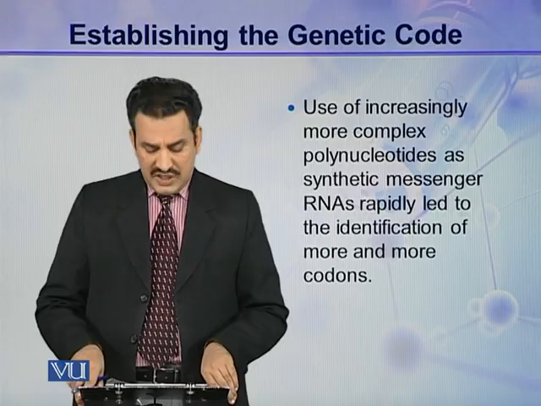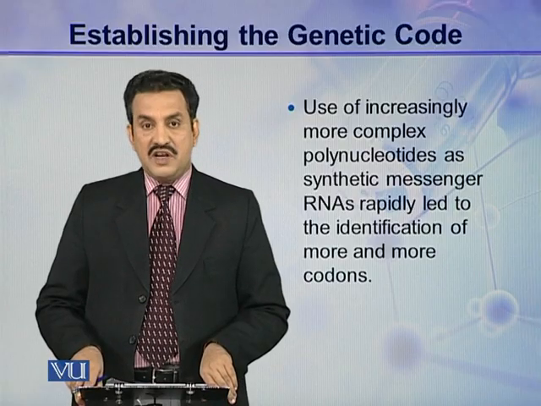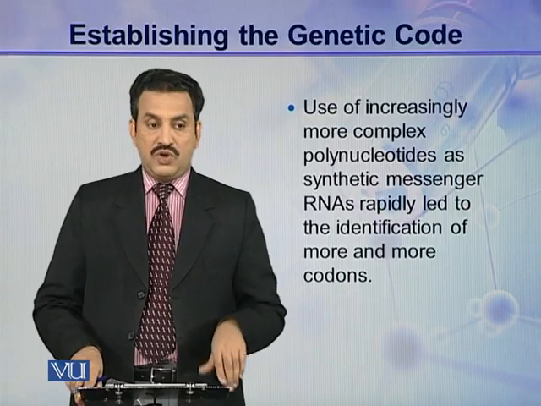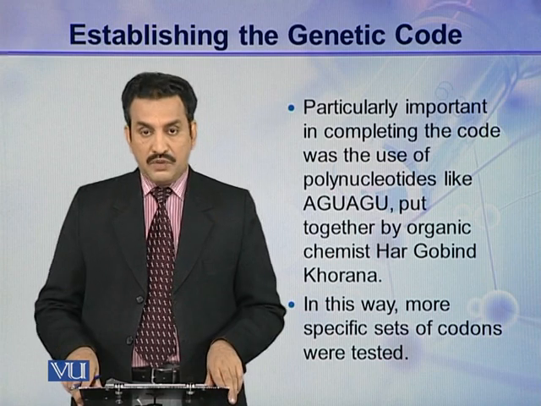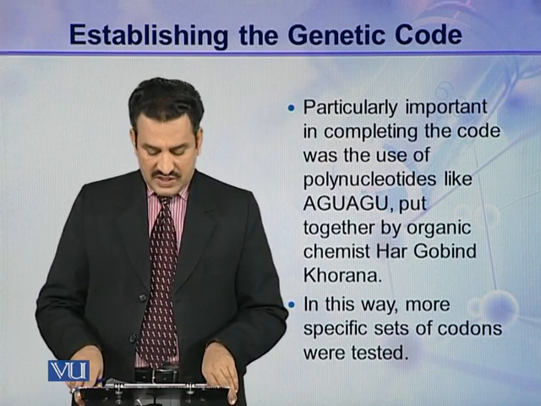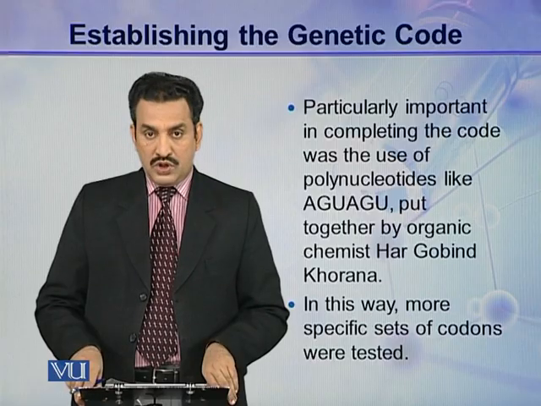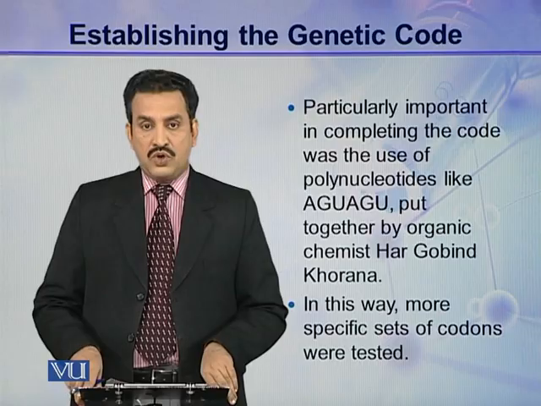Use of increasingly more complex polynucleotides as synthetic messenger RNAs rapidly led to the identification of more and more codons for the specific amino acids. Particularly important in completing the code was the use of polynucleotides like AGU put together by organic chemist Har Gobind Khorana.